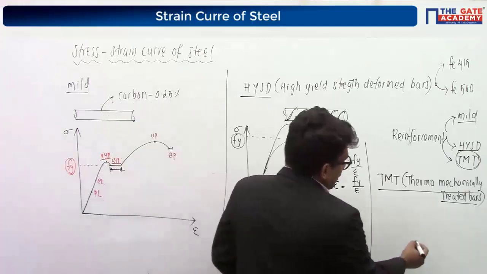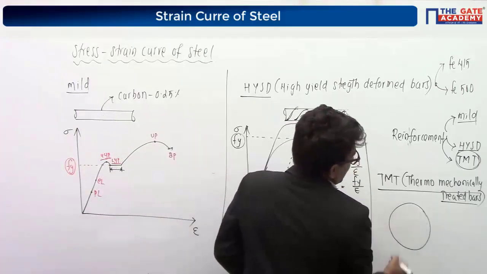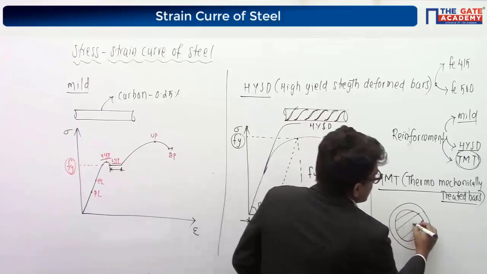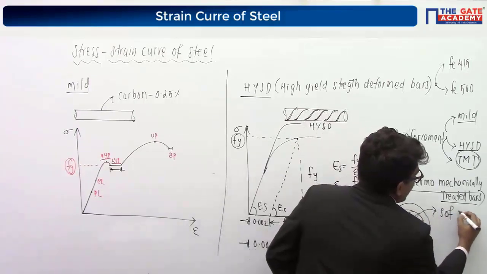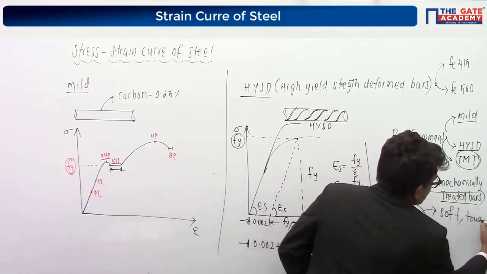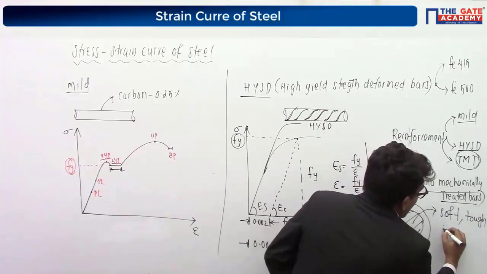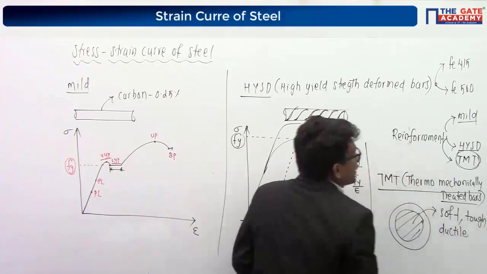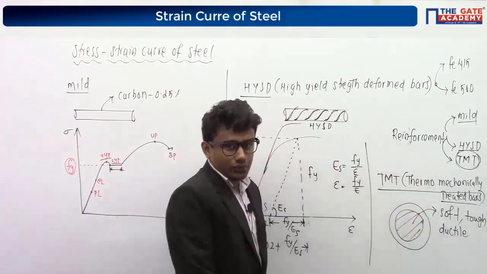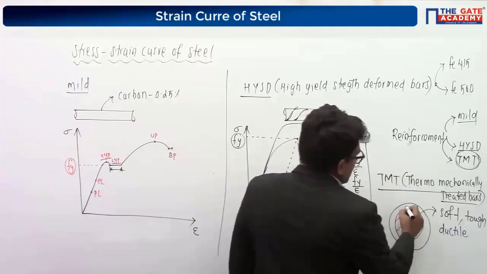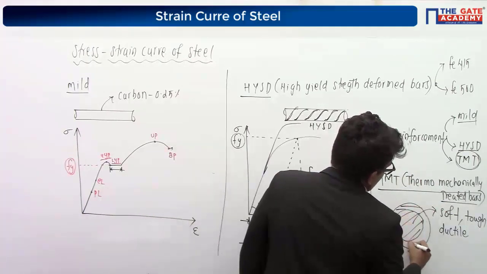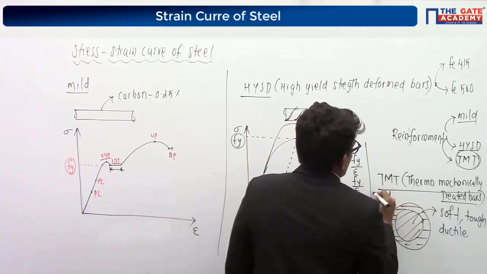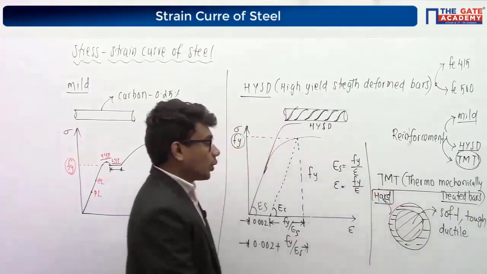In TMT, if we take the cross section of our steel bar, the TMT steel bars will have an inner soft core. The inner core will be soft, tough and ductile, and the outer surface will be a hard outer core.